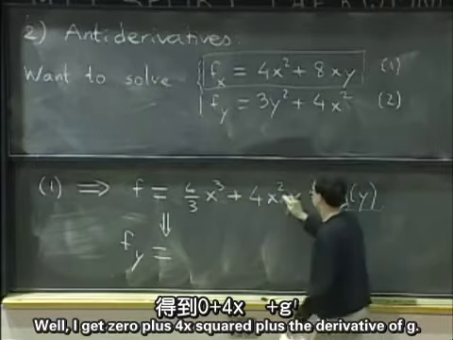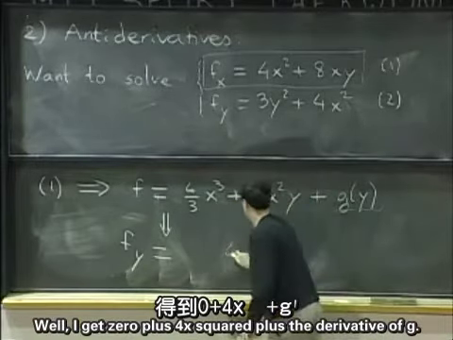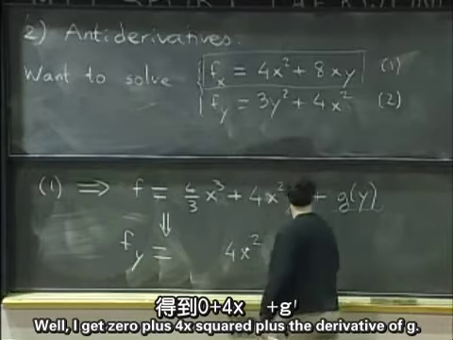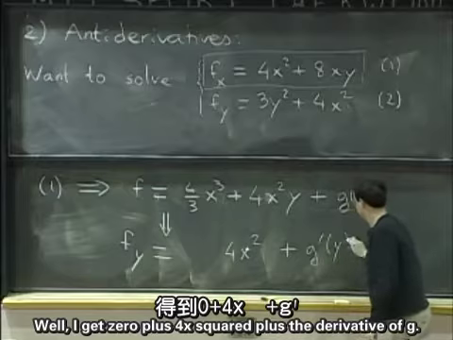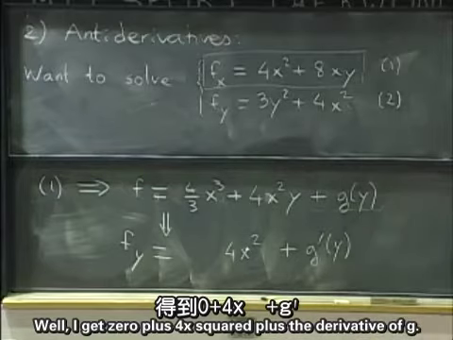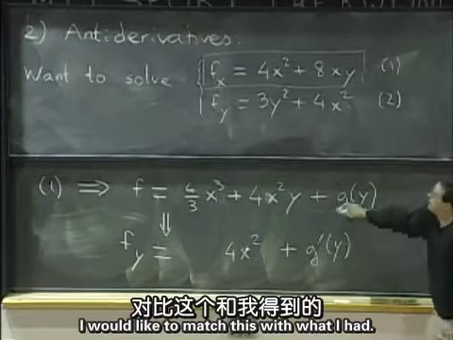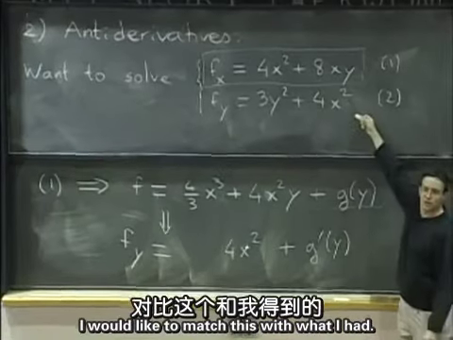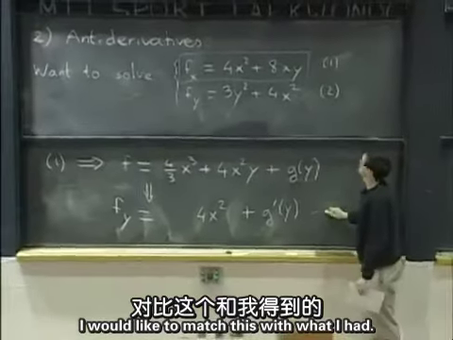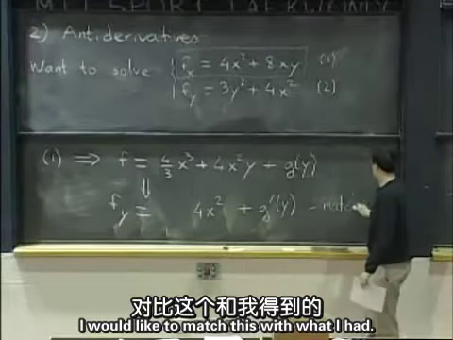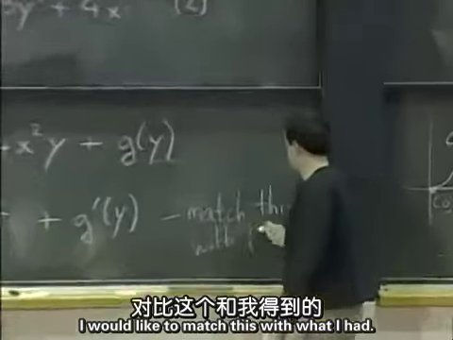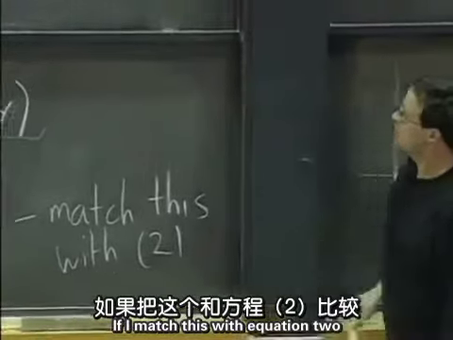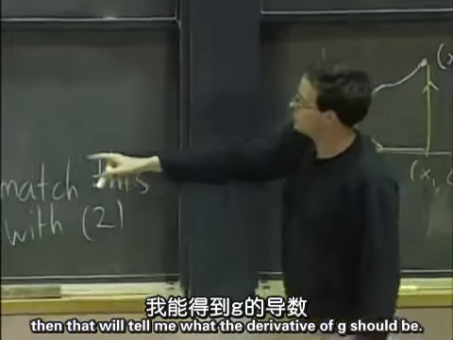Well, I get 0 plus 4x squared plus the derivative of g. So if I match this with equation 2, then that will tell me what the derivative of g should be.